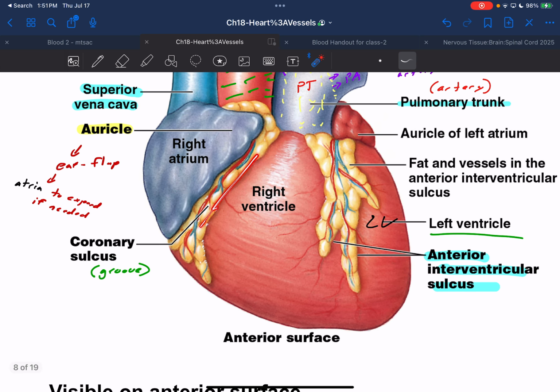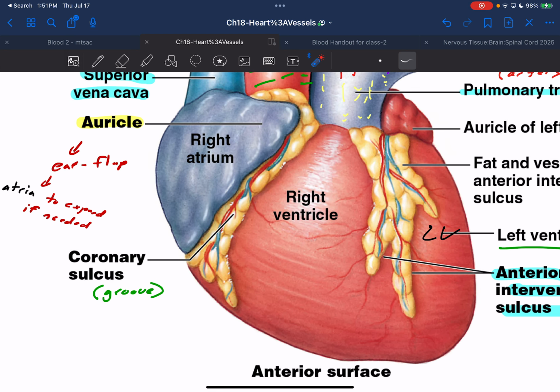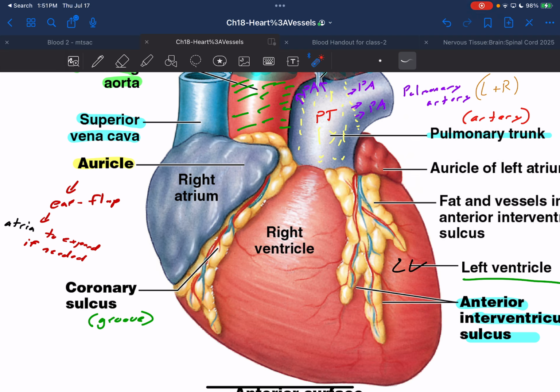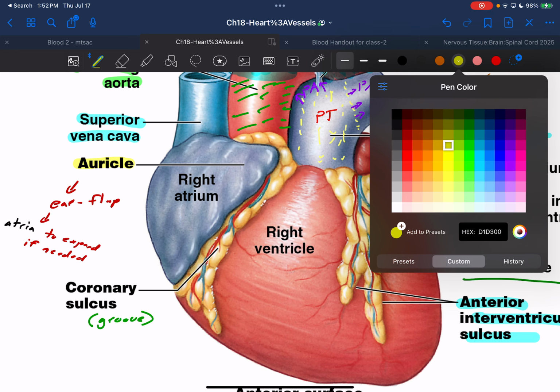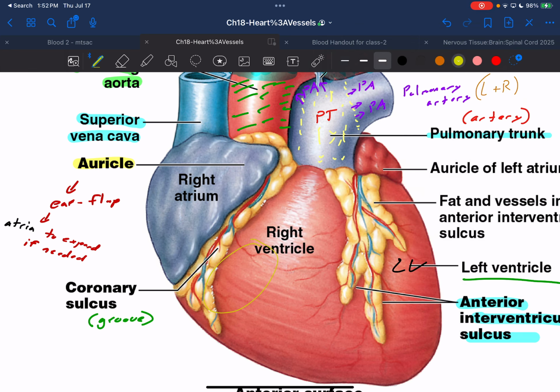The next thing is that there's this groove here that fat and blood vessels can run through. That groove is called coronary sulcus. Sulcus means groove. This is called coronary because if you were to imagine a person's face here, I'm going to draw my best here, see if I can. Here, if you had eyeballs, let's make this thicker. If you had eyeballs here, you have a nose, smiley face.